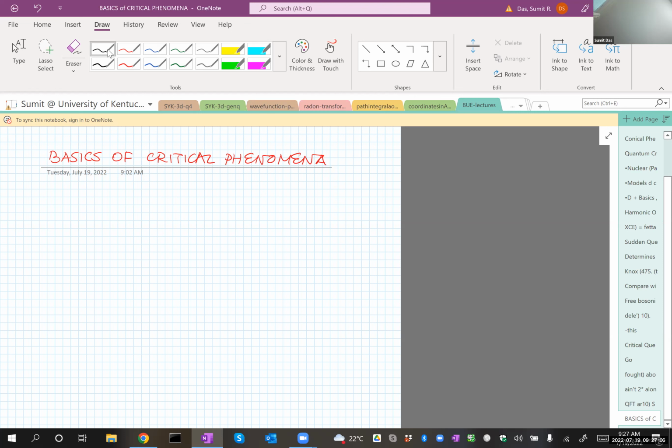Okay, so today I will go over some of the basics of critical phenomena which we will need to understand. Why is it interesting to perform a quantum quench across a critical point? Critical phenomena has got to do with phase transitions.